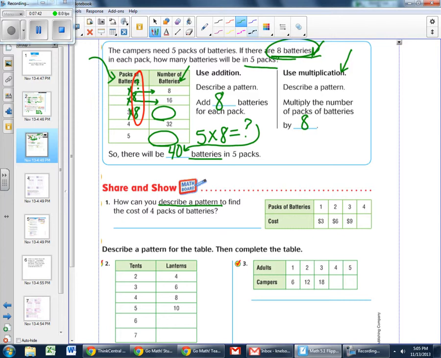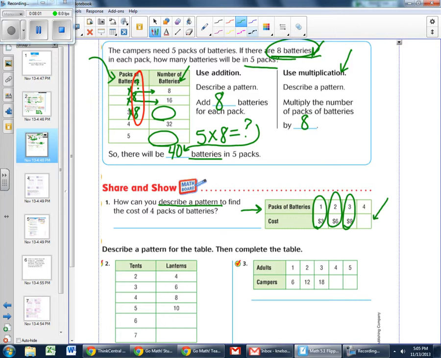So they're using another table here for us. Packs of batteries, so you need to look for your pattern. See if you can figure out what the pattern is on these. Okay? The cost of 4 batteries, so we're looking for what would go in this area.